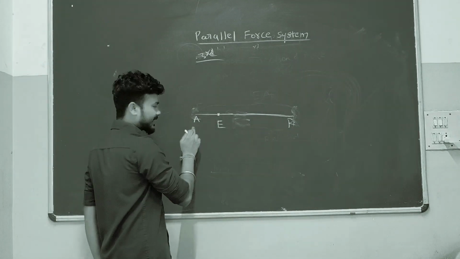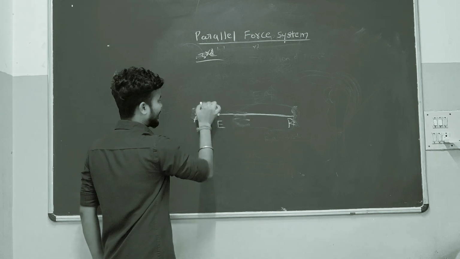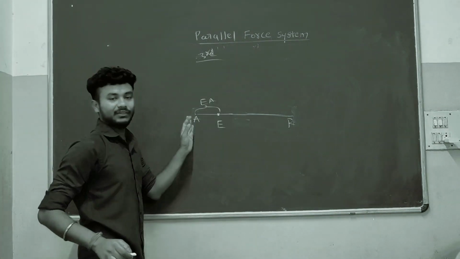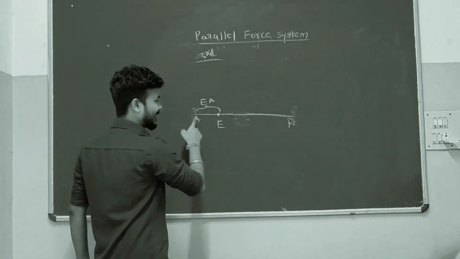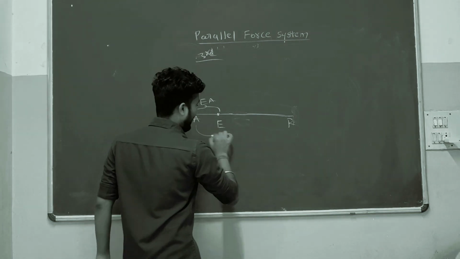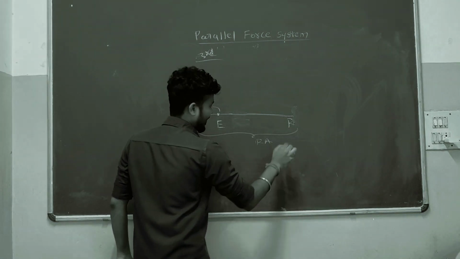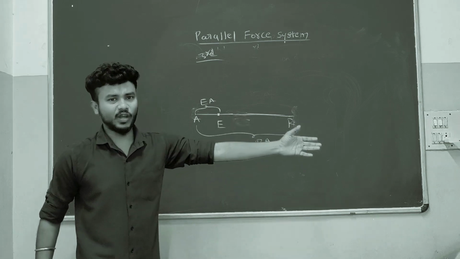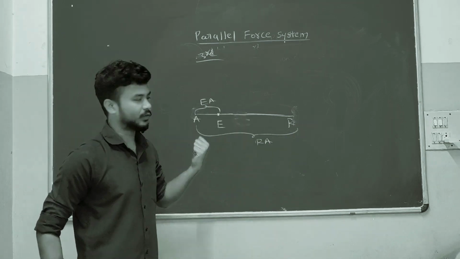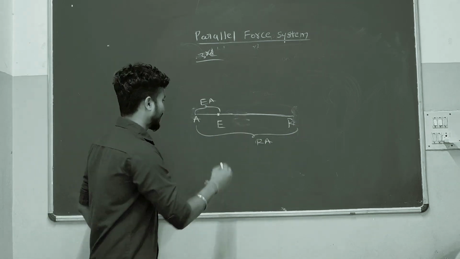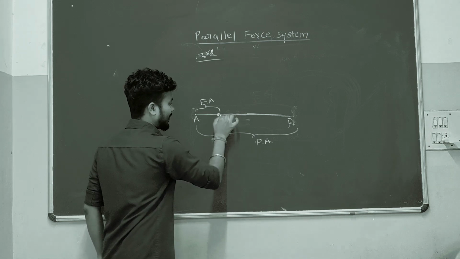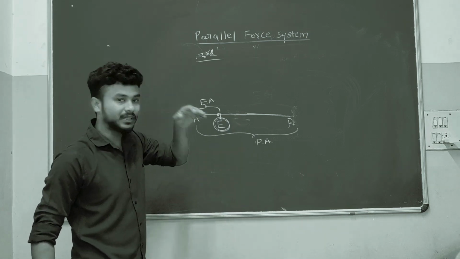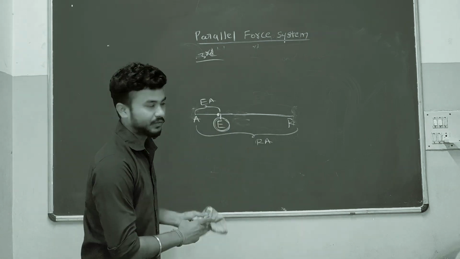Now the distance between axis and effort is the effort arm. Here the effort arm is less. The distance between axis and resistance is the resistance arm. So here the resistance arm is large and the effort arm is small. Okay. This is the third order lever. In the third order lever, the effort will be in the center of the lever. Okay.